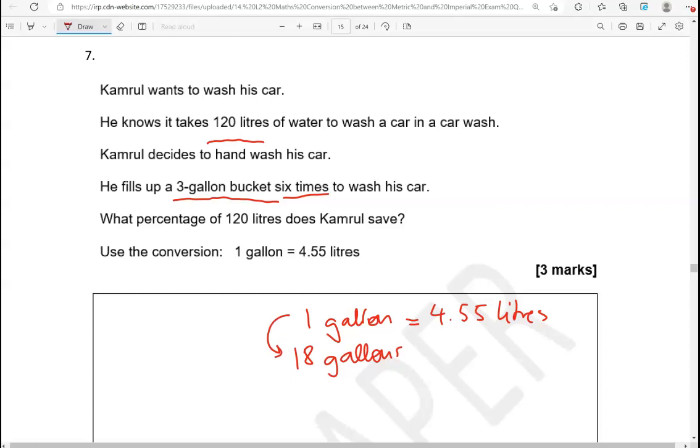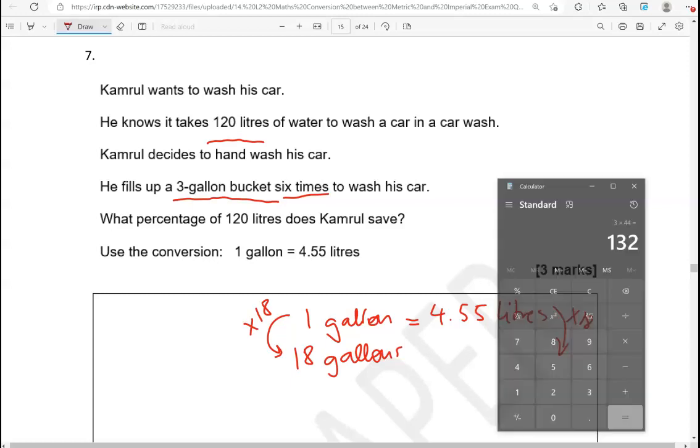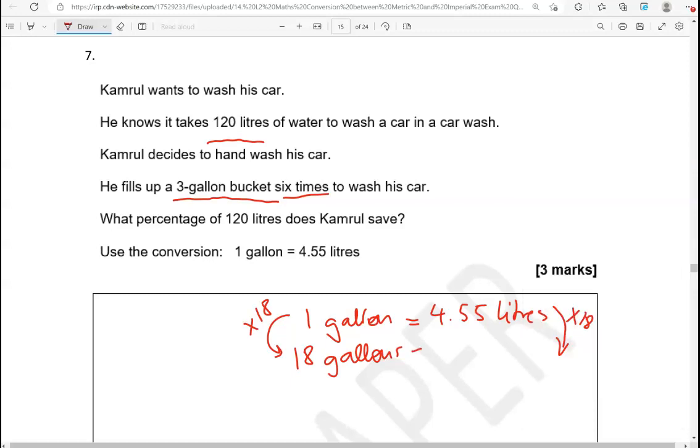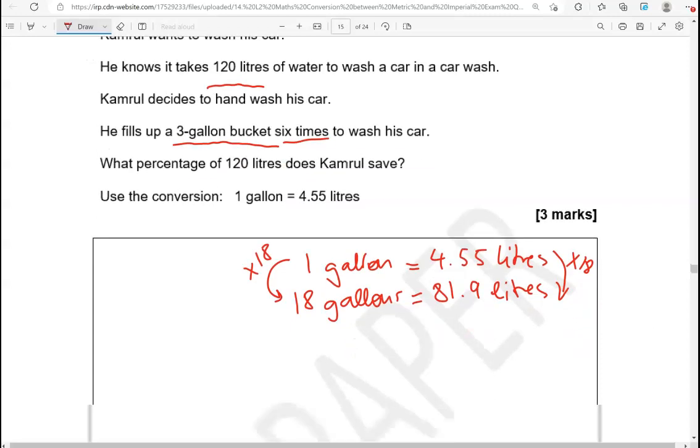To get from 1 to 18, we multiply by 18, so we do the same here. 4.55 times 18, which is 81.9 litres. So that's how much water he's going to use.